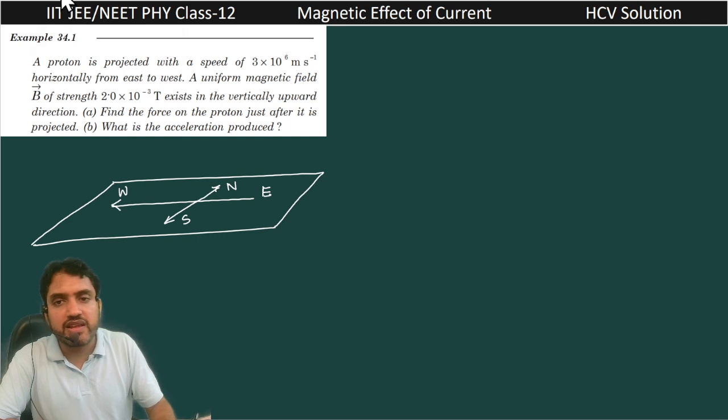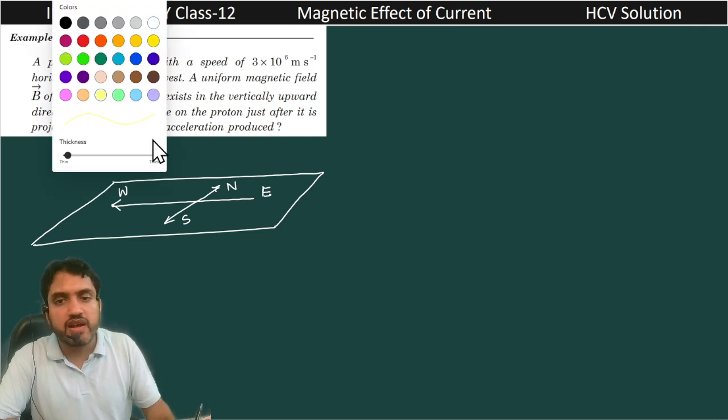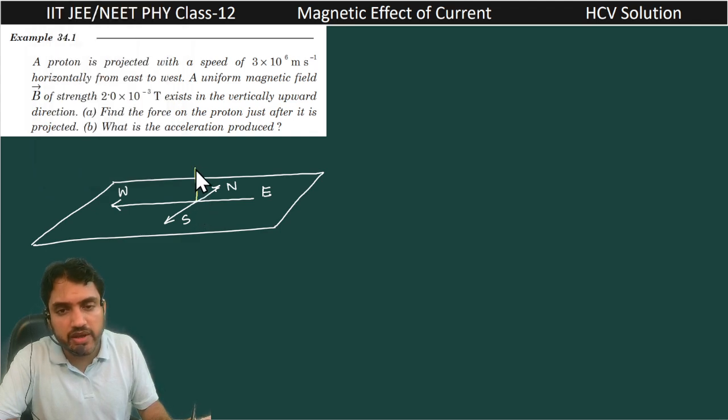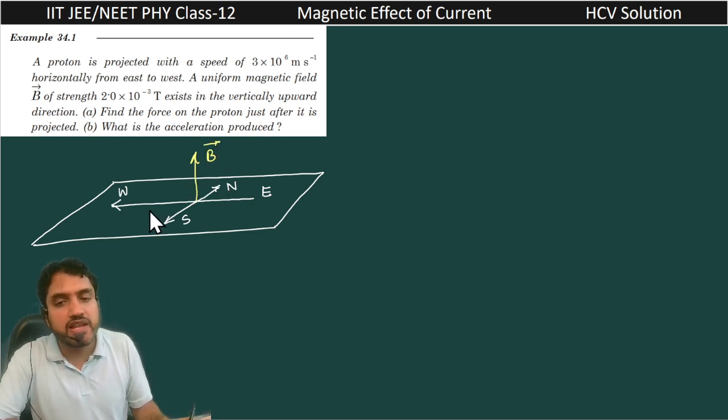And as given in the question, the magnetic field is in vertical direction. So this is the direction of magnetic field, and the direction of projection is from east to west. So this is the direction of velocity vector.